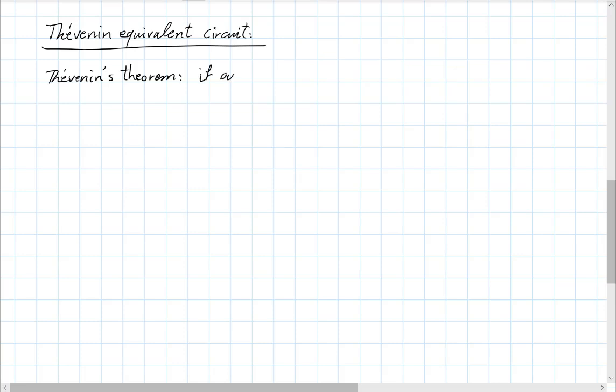If we have a circuit comprising resistors, and we mean ohmic resistors, so resistors that are purely linear.